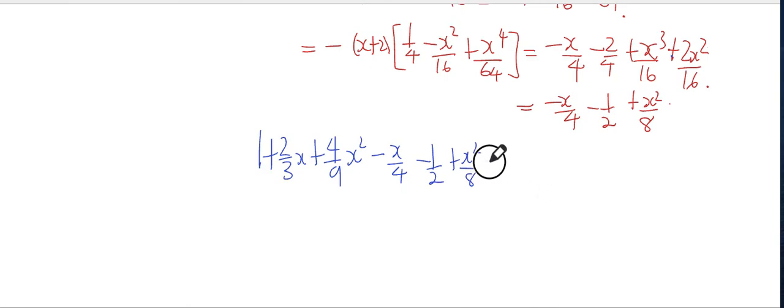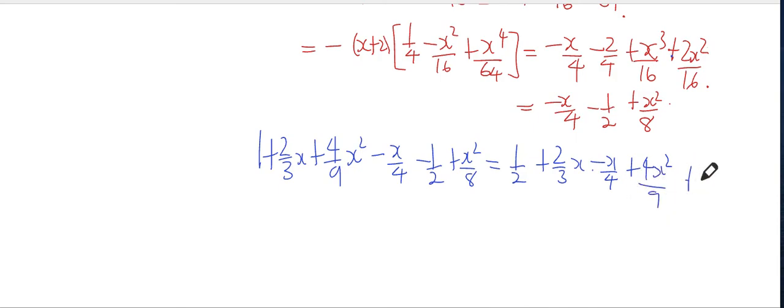If I simplify this, I will get 1 over 2 plus 2 over 3x minus x over 4 plus 4x squared over 9 plus x squared over 8.